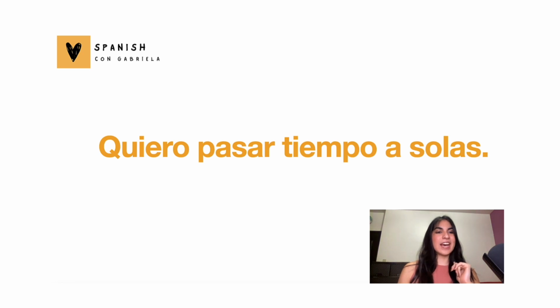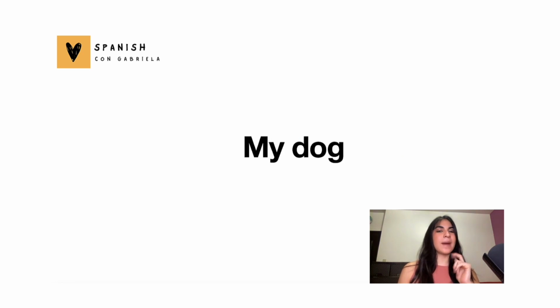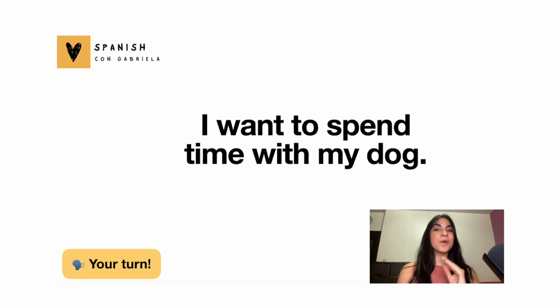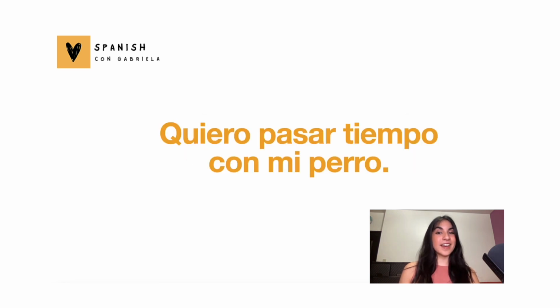Good. And how do you say my dog? Mi perro. All right? So if you want to say, I want to spend time with my dog, how would you say that? Perfect. You would say, quiero pasar tiempo con mi perro.